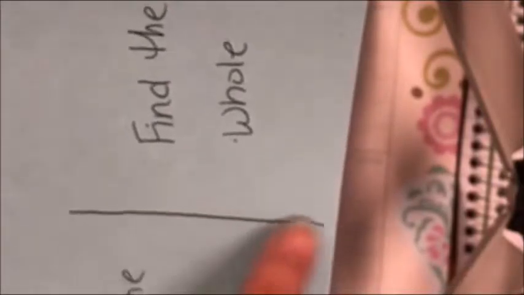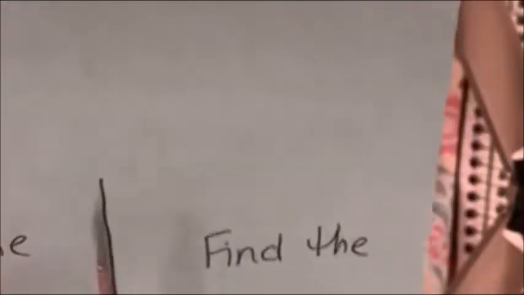Okay, then you're going to take your blue. So here's your blue. You see the solid lines. You're going to cut along the solid line. Okay, there's 3 of them.